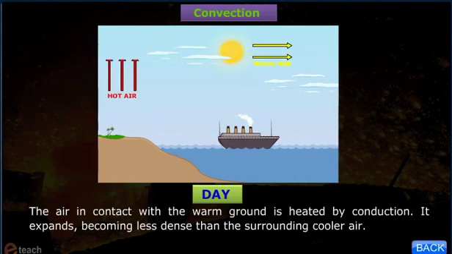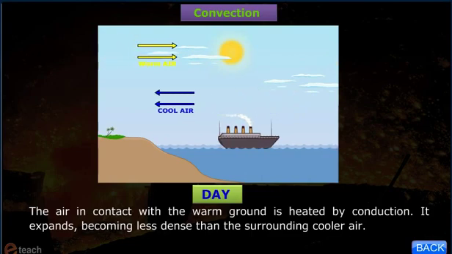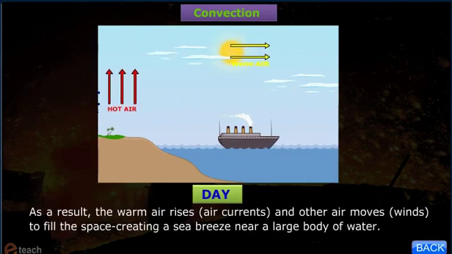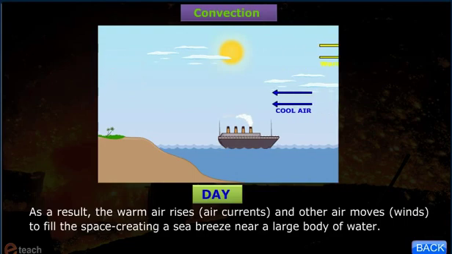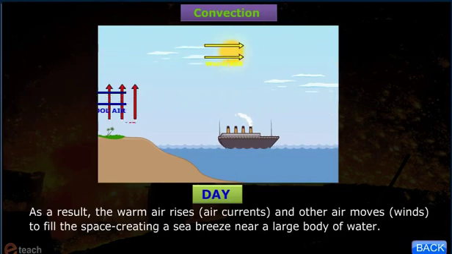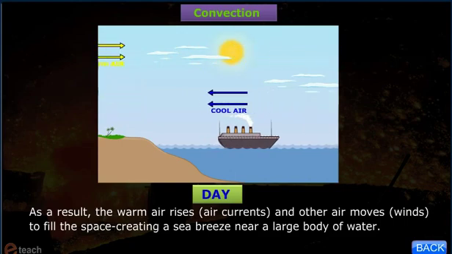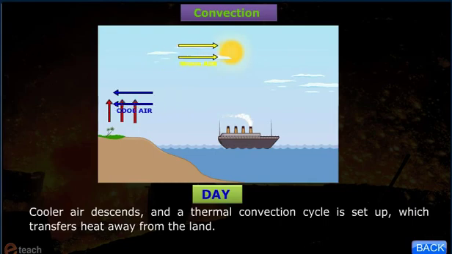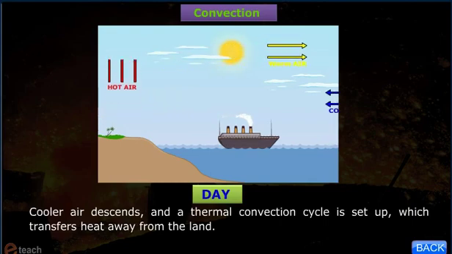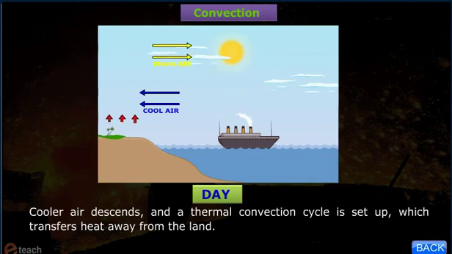It expands, becoming less dense than the surrounding cooler air. As a result, the warm air rises, and other air moves in as winds to fill the space, creating a sea breeze near a large body of water. Cooler air descends and a thermal convection cycle is set up, which transfers heat away from the land.